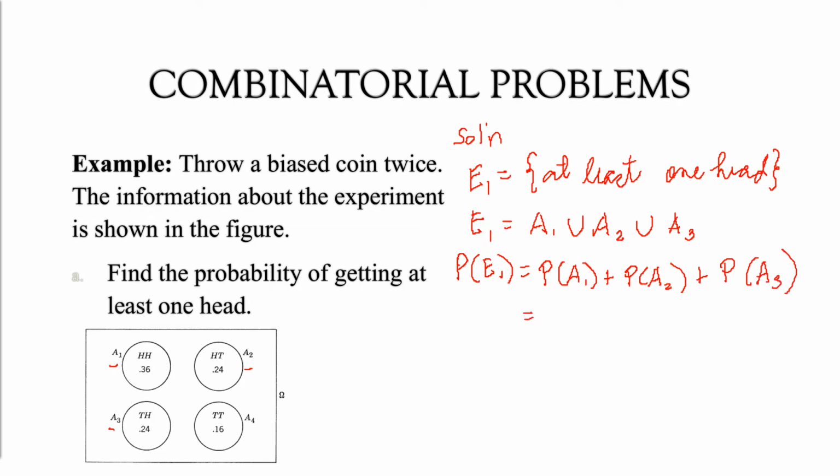In this case, the probability of A sub 1 is equal to 0.36, the probability of A sub 2 is equal to 0.24, and the probability of A sub 3 is equal to 0.24. Add them all, that's equal to 0.84. So in other words, the probability of getting at least one head is 0.84. That's our final answer.